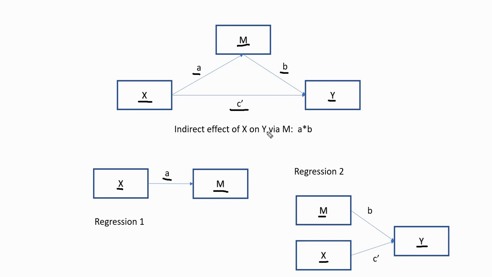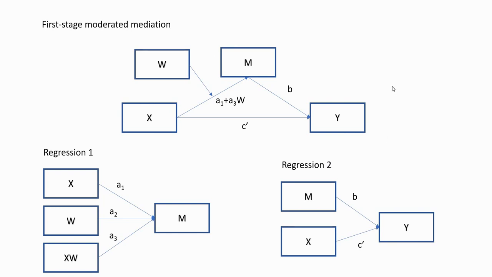The indirect effect of X on Y through the mediator, M, is computed as a product of A and B, or paths A and B. Typically, bootstrapping is utilized in order to create a percentile confidence interval to test whether the indirect effect is significantly different from 0.